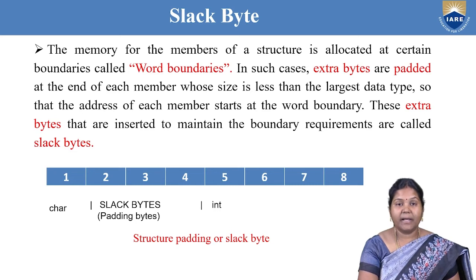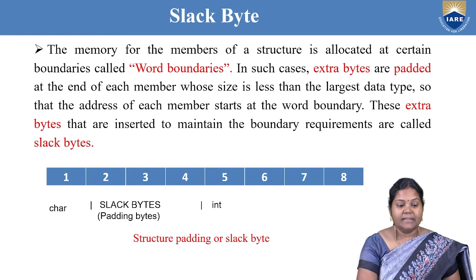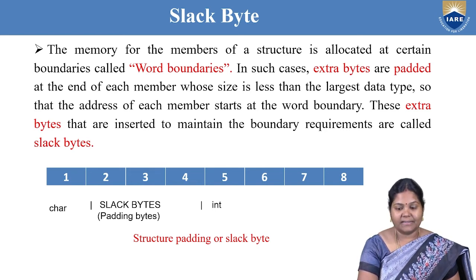Those extra bytes are padded normally at the end of each member whose size is less than the largest data type, so that the address of each member starts at the word boundary. These extra padded bytes are called slack bytes. So the extra bytes that are inserted to maintain the boundary requirements are called slack bytes.